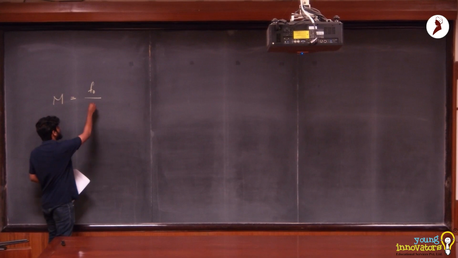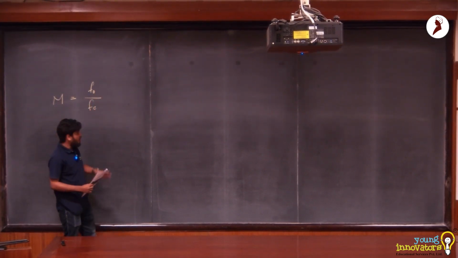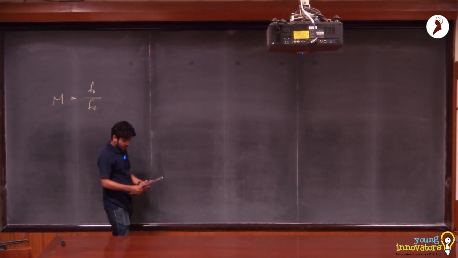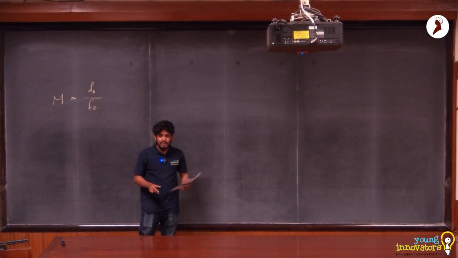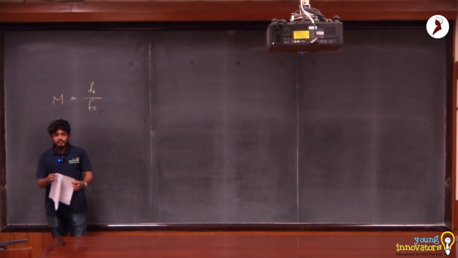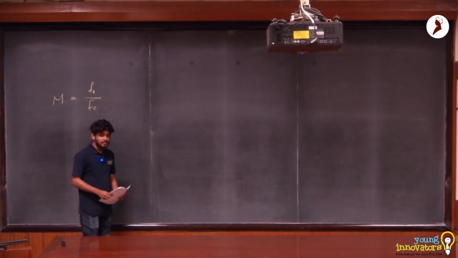Very good. So FO belongs to the objective or the primary mirror, FE the focal length of the eyepiece. Alright. Now, once you are done with that formula, in the next page you have two questions, two scenarios.